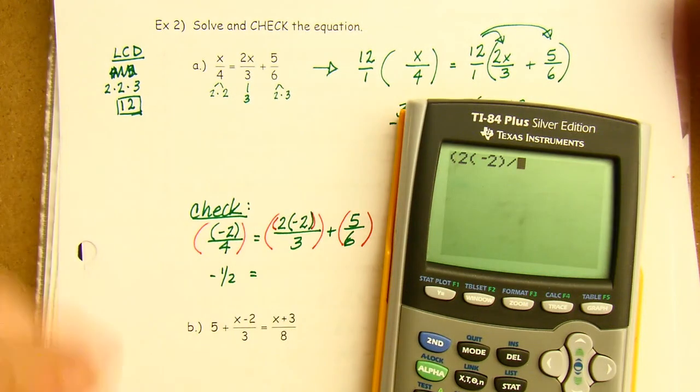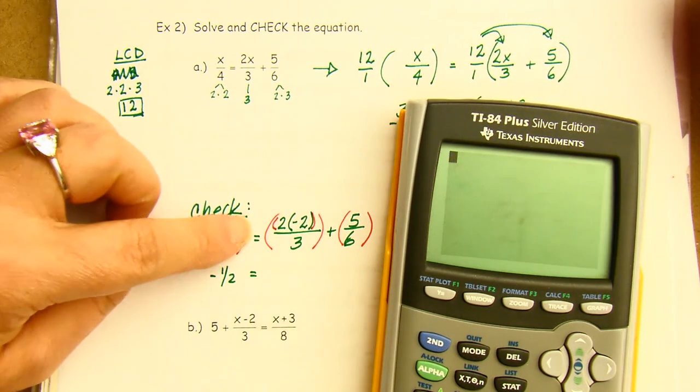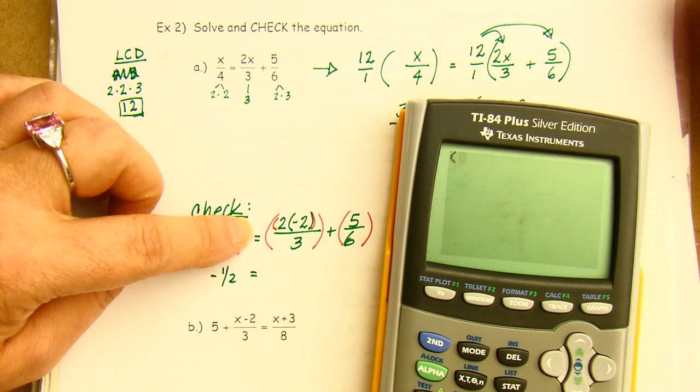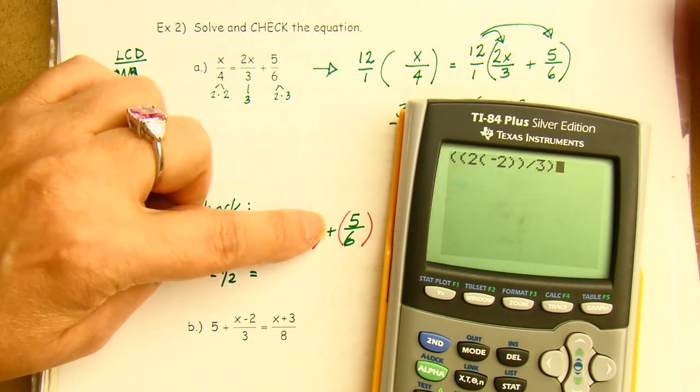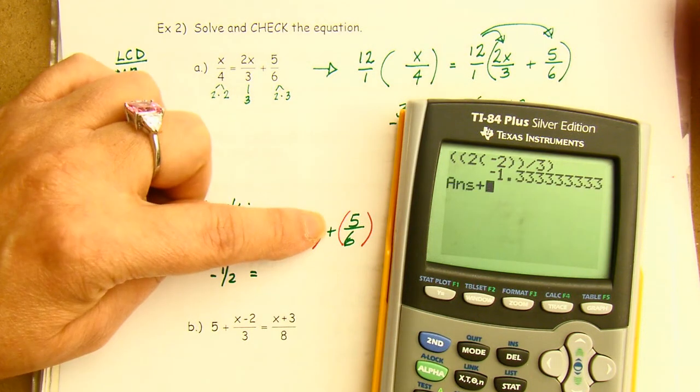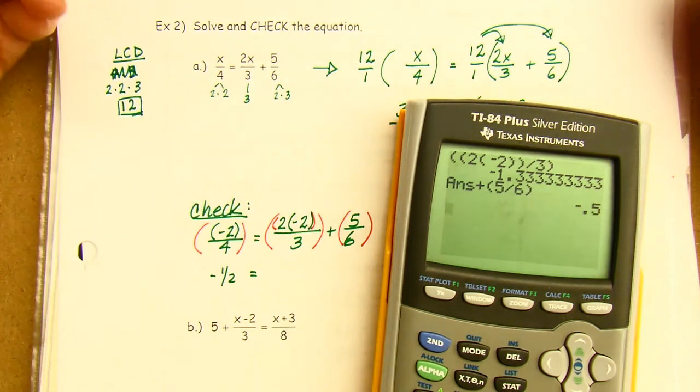Sometimes you do run into an issue there, so let's do that over. Parenthesis, 2, parenthesis, negative 2, close it, divide by 3, close it. Hit equals. Then add, parenthesis, 5 divided by 6, close it, hit equals. Oh, there it is, negative a half.